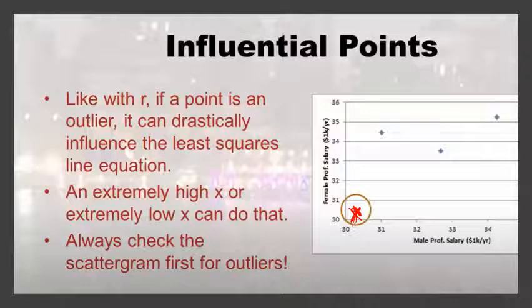So it's always good, even though you may still have to use your outliers in some situations, if you feel like your outliers can be thrown out, to check your scattergram for outliers. In the future, when you're doing your own studies and using this approach, you might want to throw out some outliers just so they won't screw up your data.